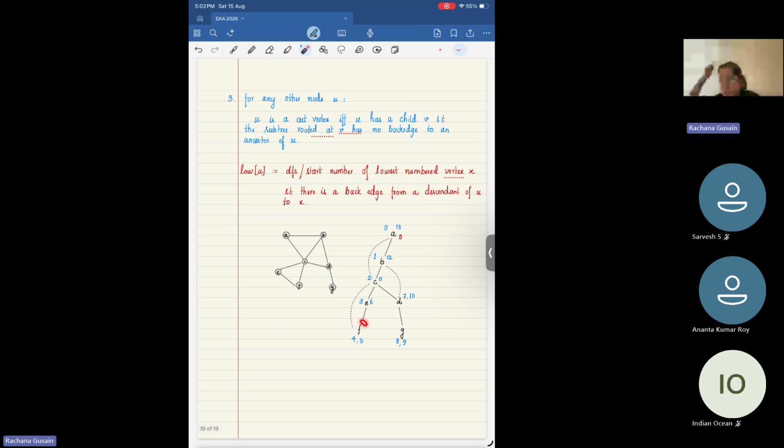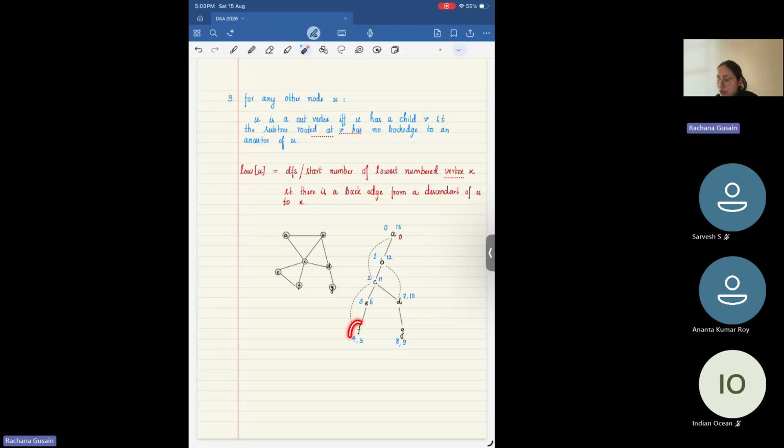So F is a leaf node. So there is no descendant of F, right? All you need to see is, look at all the back edges starting from F. Here there is only one back edge. And if there were multiple back edges starting from F, you would take the back edge which takes you to the highest level in the tree, or the node which has the smallest starting number in the tree.